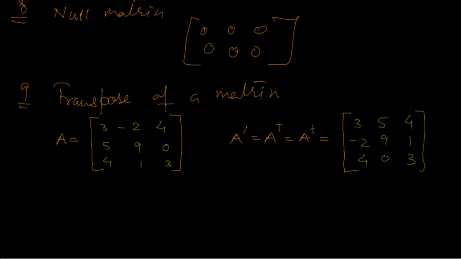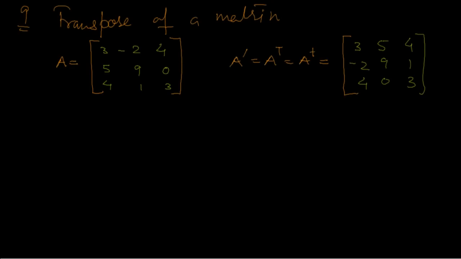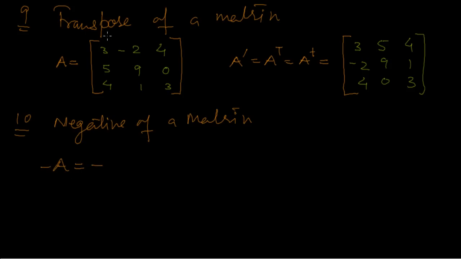Now I would like to tell you one more thing, the negative of a matrix. We take this A here and I would like to make negative A. So what do I have to do? I have to multiply by minus in all the elements.